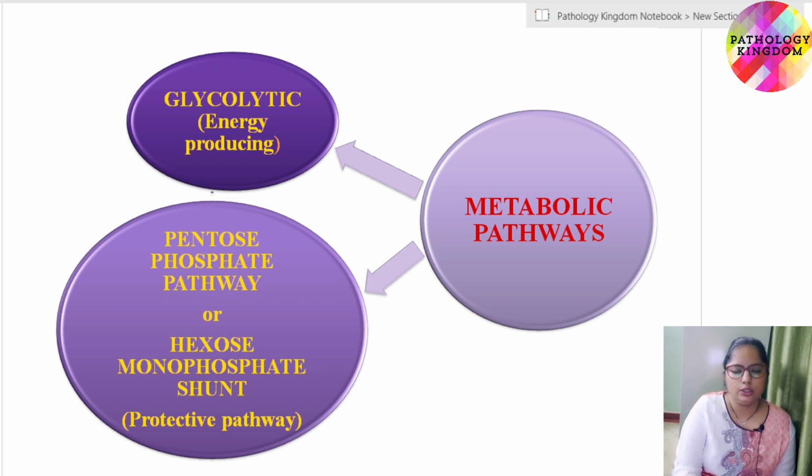These are the two main metabolic pathways. Glycolytic is the main pathway. Only 10% of the glucose enters through the hexose monophosphate shunt. It is a protective pathway, and it is not the energy producing pathway.